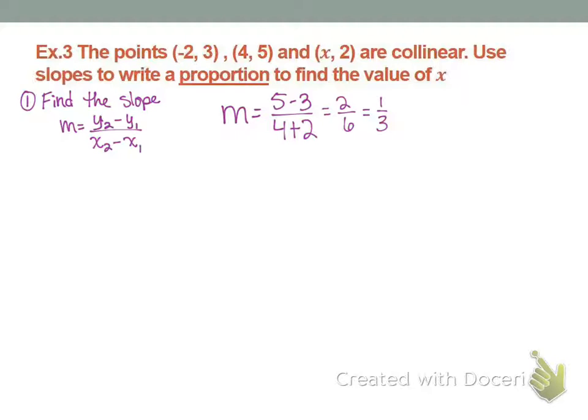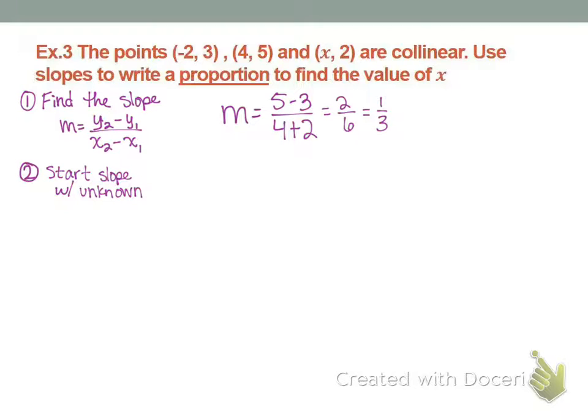The second thing we are going to do is find the slope starting with the unknown point. So that means you get to pick which of the known points you want to use with it.